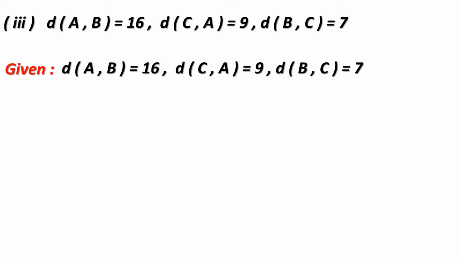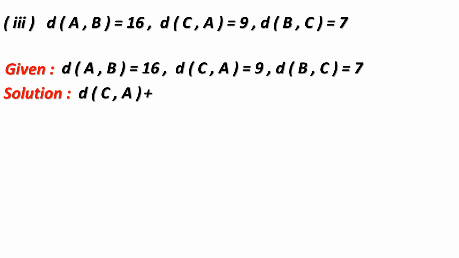If they are collinear, then which point will lie between the other two? So what we will do here, we will add the two smaller distances, that means 9 and 7. It means we'll find the sum of distance CA and distance BC.